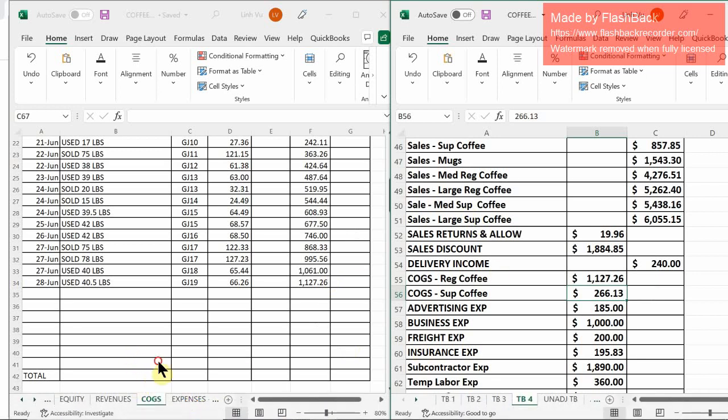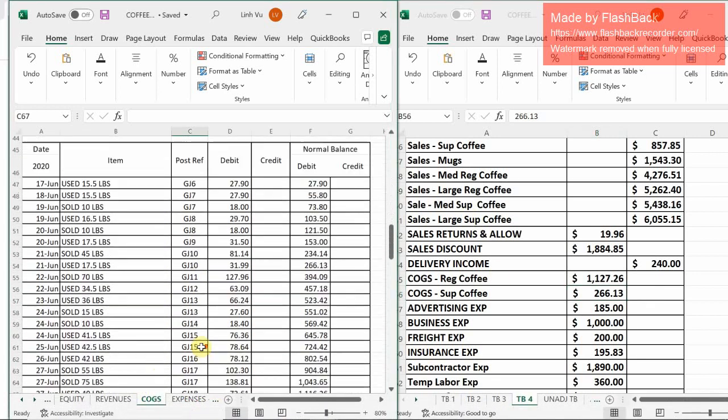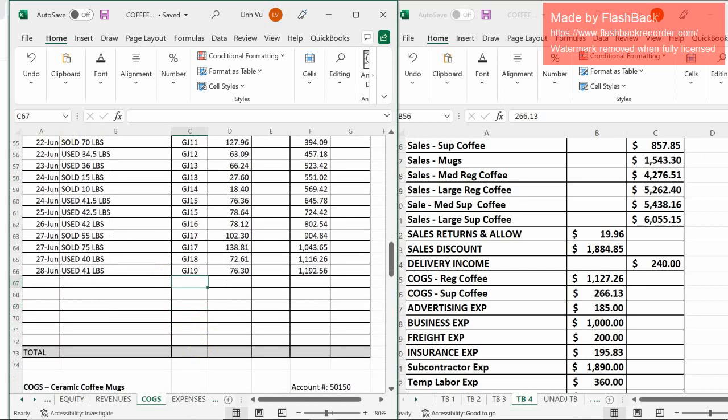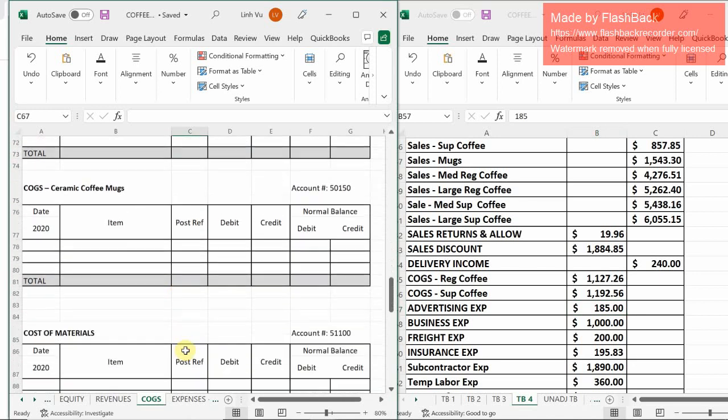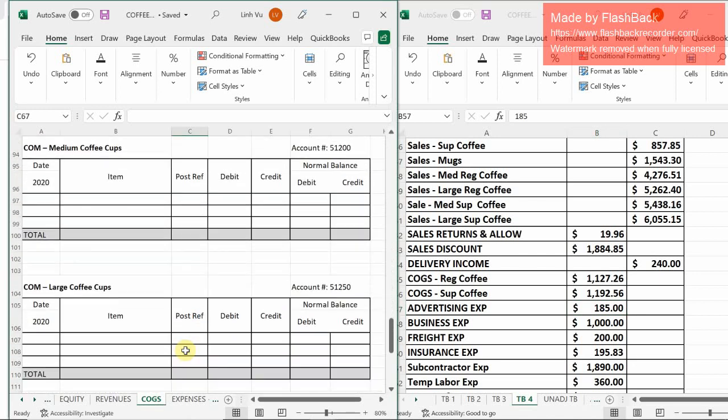And then for my Supreme coffee, I have a grand total of $1,192.56 worth of cost of goods sold for Supreme coffee. Okay. That's all there is for the cost of goods sold because we haven't adjusted our cost of materials yet.